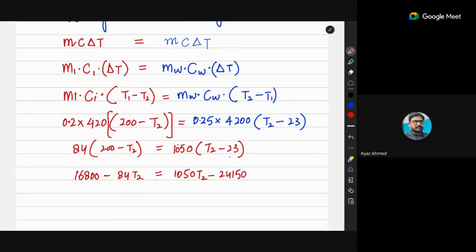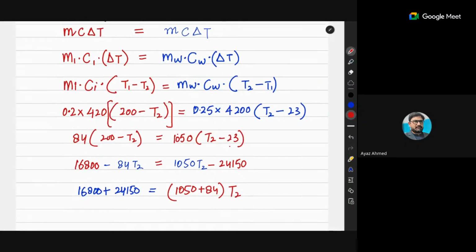Okay, good. Now arrange these T's together. Adjust all the terms which include T together. So when you adjust them together, you will say 16800 plus 24150 equals 1050 plus 84 into T2.